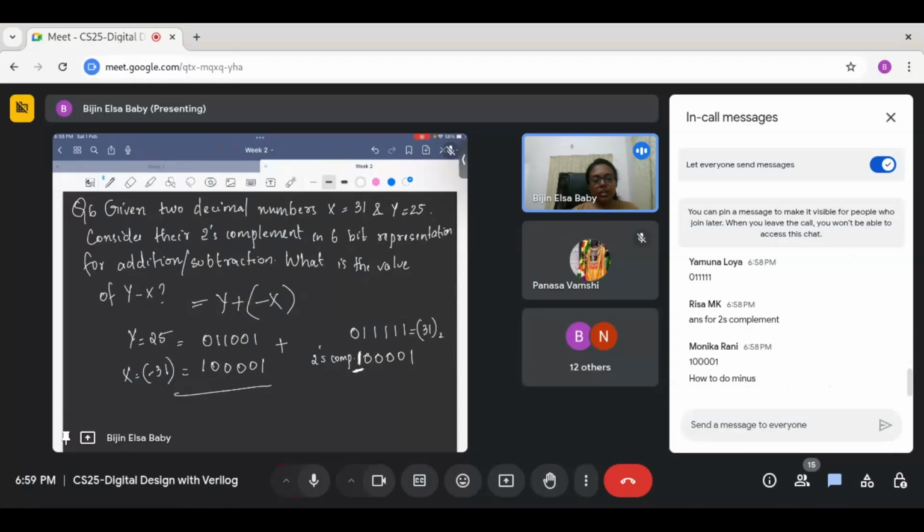So usually we use 2's complement to represent the negative number. So this is a binary representation of minus 31 in 2's complement form.